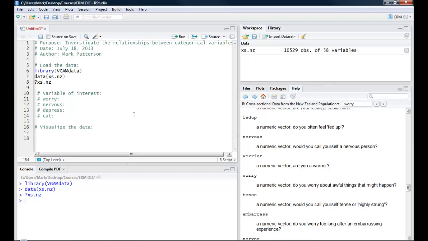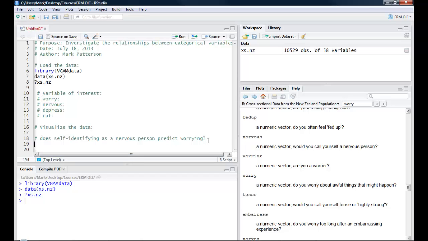So let's first ask the question, does self-identifying as a nervous person predict worrying? In particular, we're going to ask whether knowing the value of this nervous variable allows us to predict whether or not someone worries a lot.